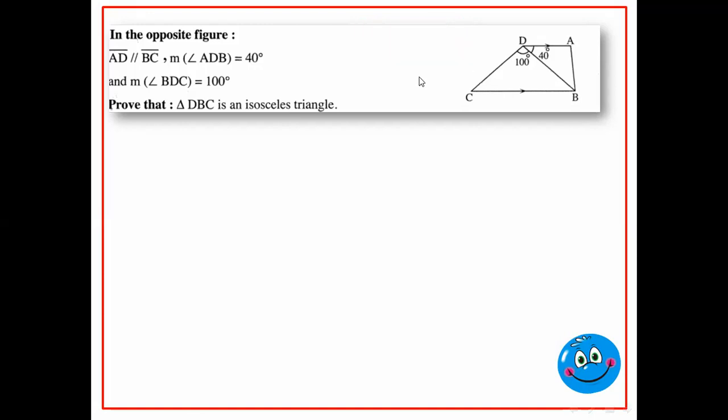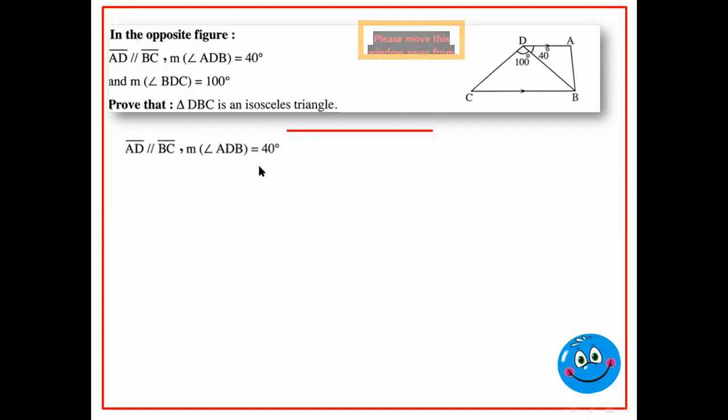Now in the given, we have AD parallel to BC. You can see the letter Z. Z refers to alternate angles. Since AD is parallel to BC and the measure of angle ADB is 40 degrees, alternate angles must be equal.